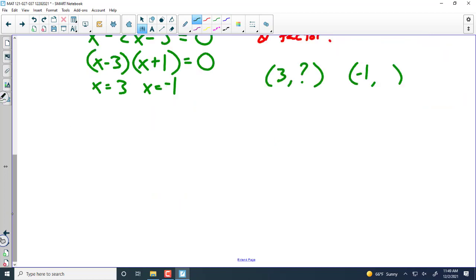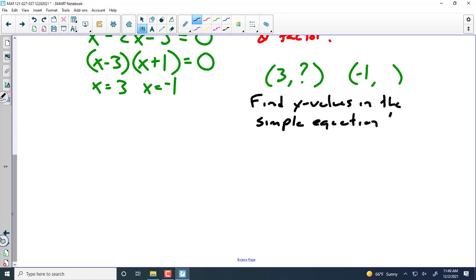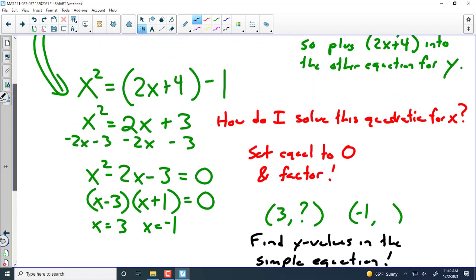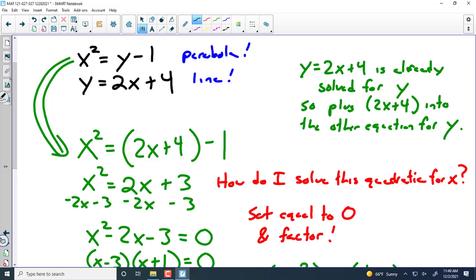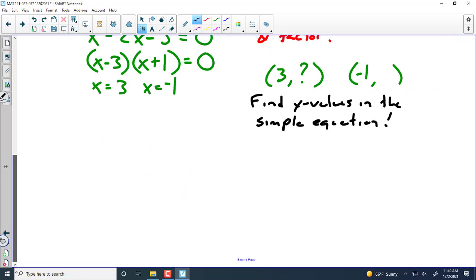So we take these, 3 and -1, and we find the y values in the simple equation. What's easier to work with, a parabola or a line? A line. Y equals 2x plus 4.